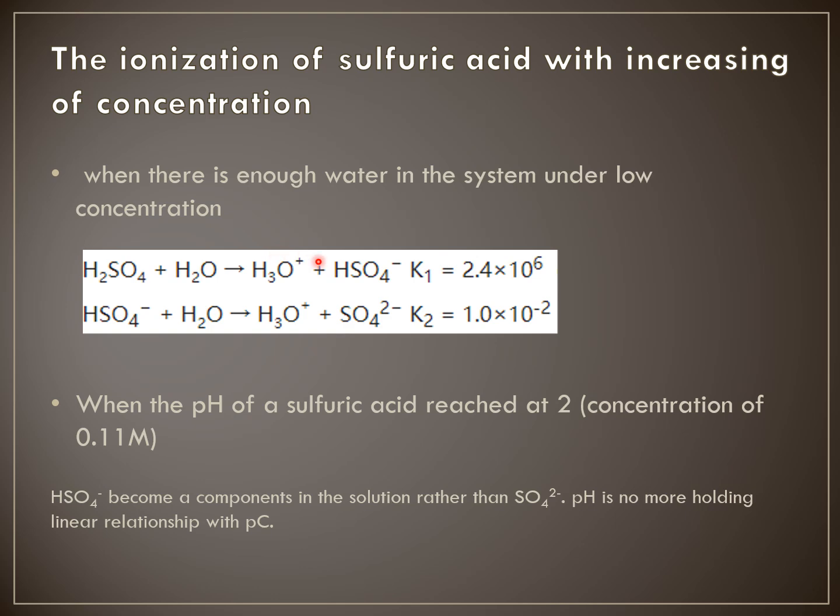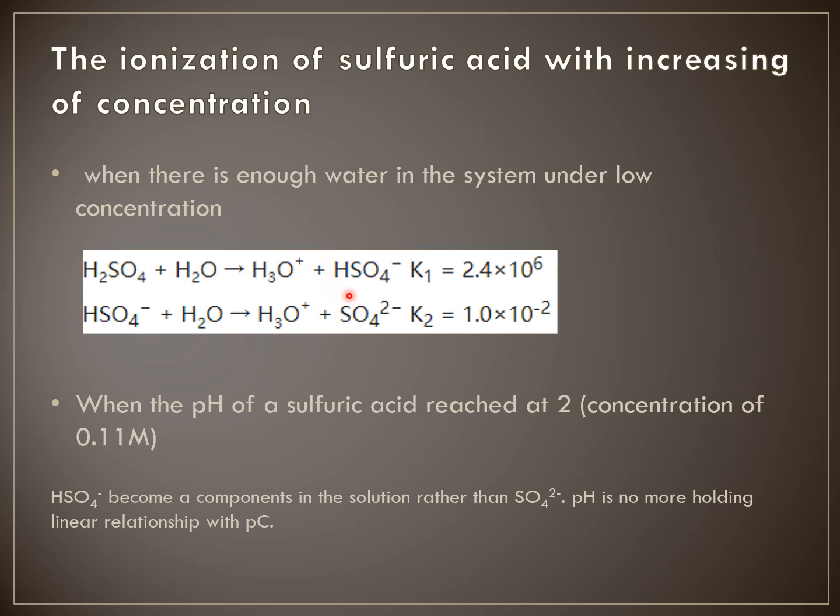So when the pH value is determined based on the concentration of hydrogen ions, you will not exactly know the relationship between the sulfuric acid and the hydrogen ion concentration, because they are not in a linear relationship, especially when the concentration is higher than 0.0111. The pH value will reach 2 at this moment.